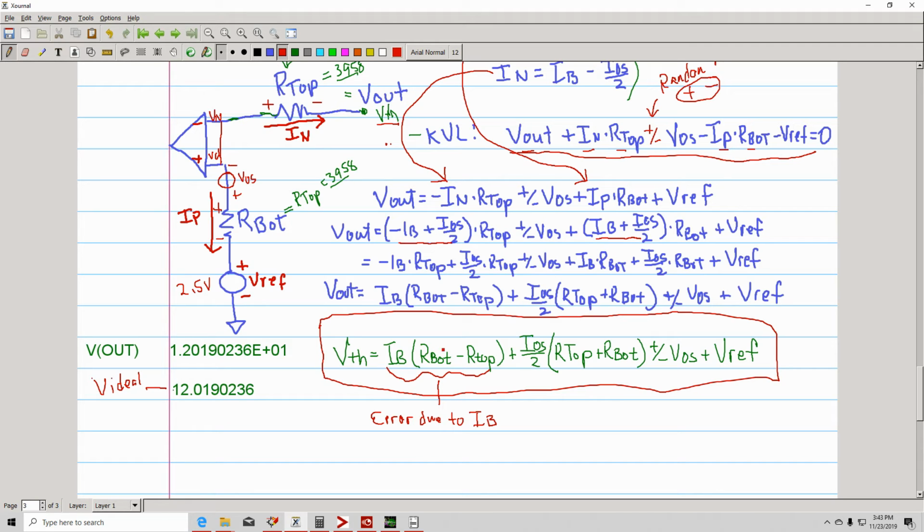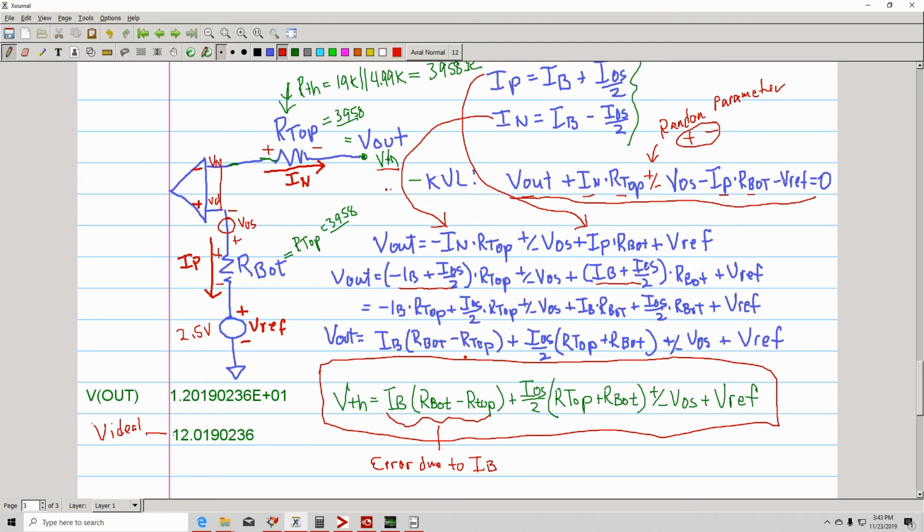Okay, so you see what's happening? I hope you see it. Remember I said here the rule of thumb: you want to make R bot, the bottom impedance, and R top, the top impedance, equal. In this case R top is 3958, and the bottom is 3958, and we made them the same. They're equal.